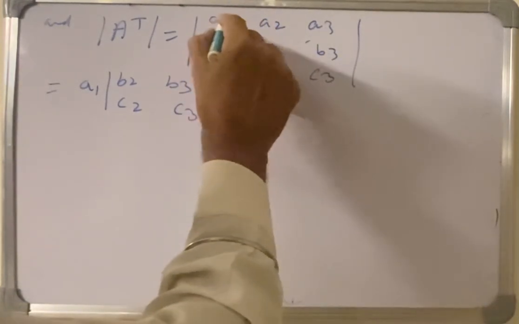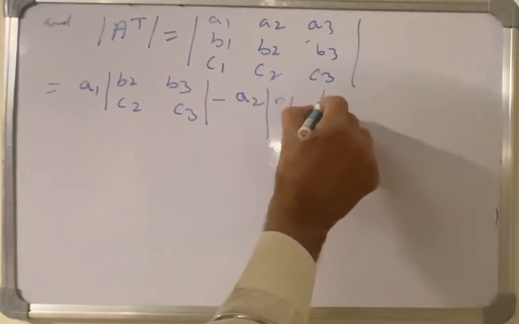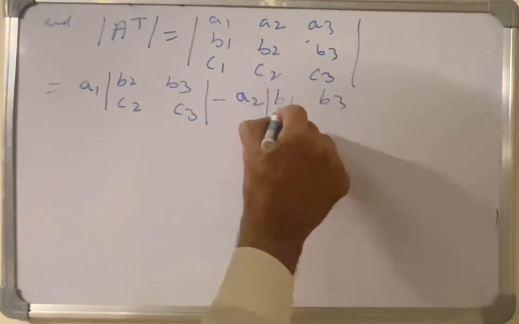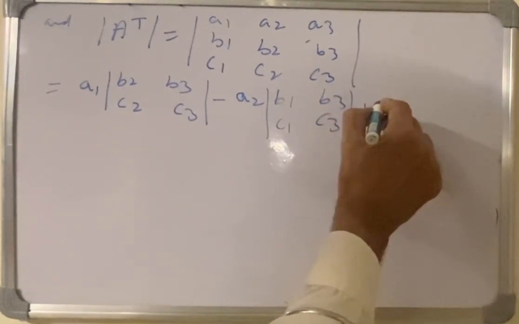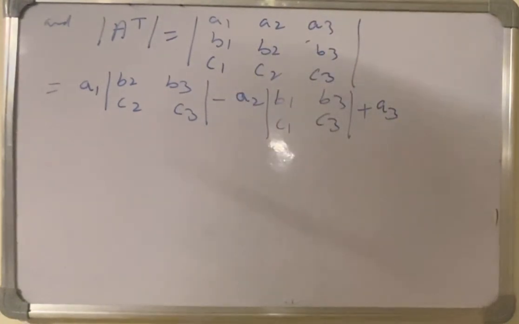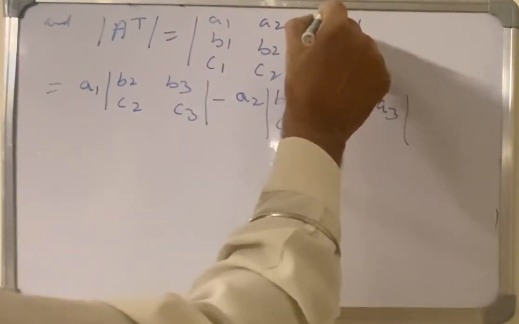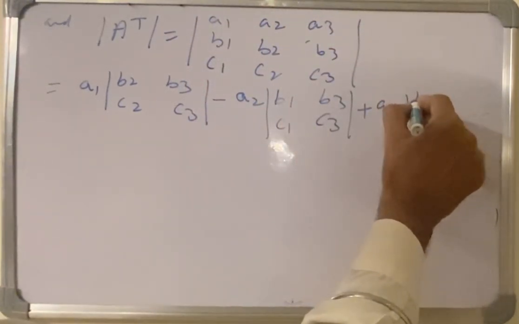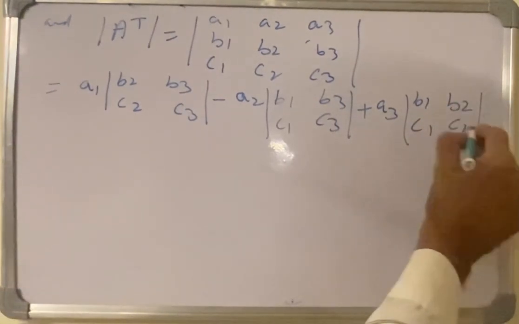So you will leave the first row and second column, B1 B3 C1 C3, then plus A3 into the first row and last column, B1 B2 C1 C2.